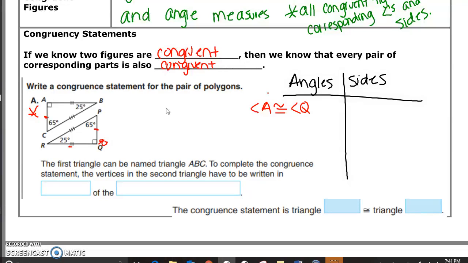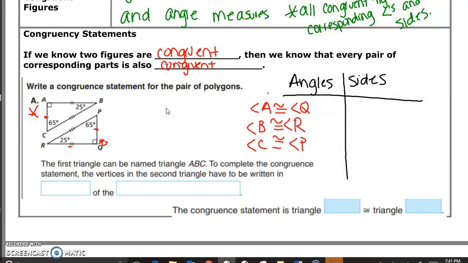Those are corresponding angles. Okay, then continuing, we've got angle B is 25 degrees, so it's congruent to angle R. And then the last one, we've got angle C is congruent to angle P.